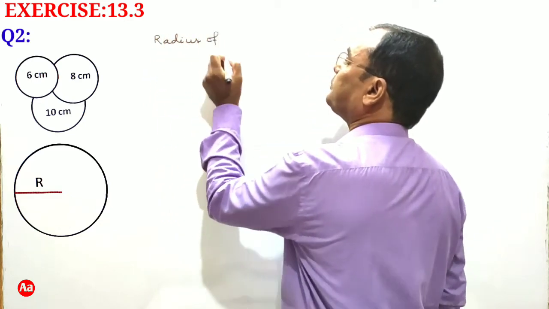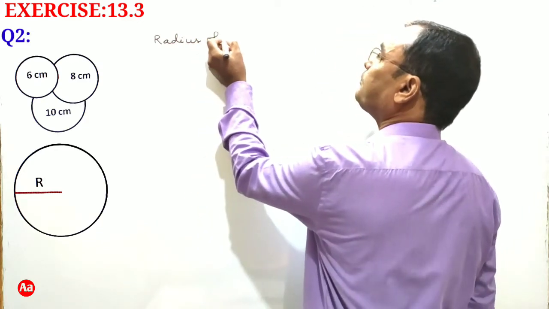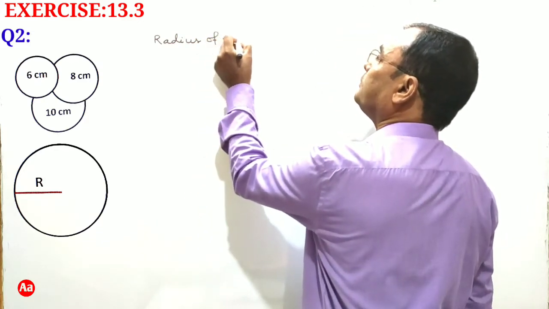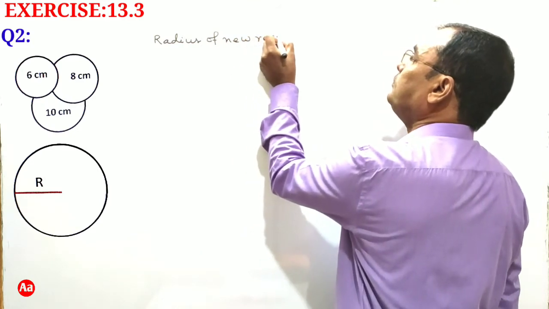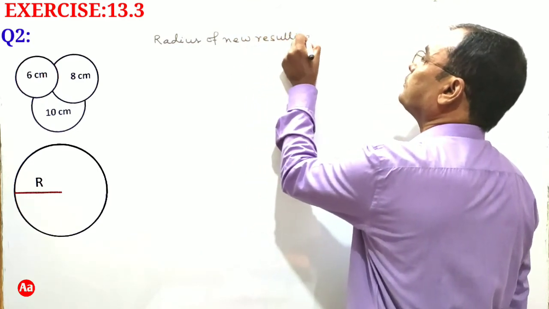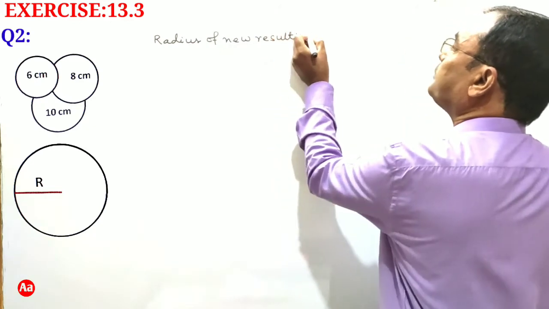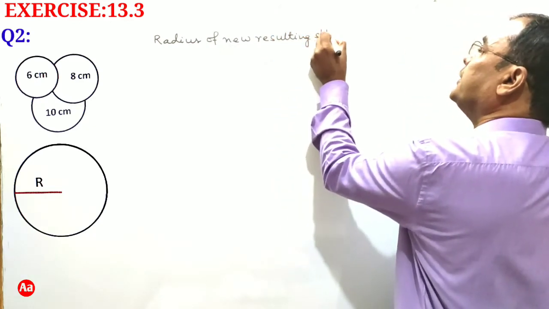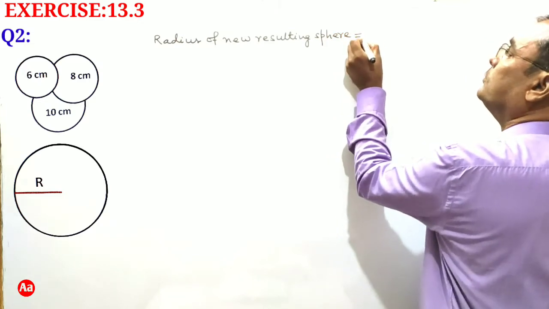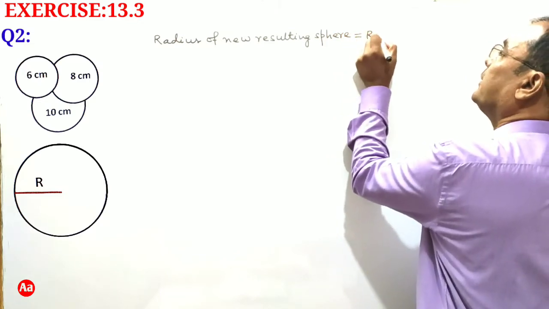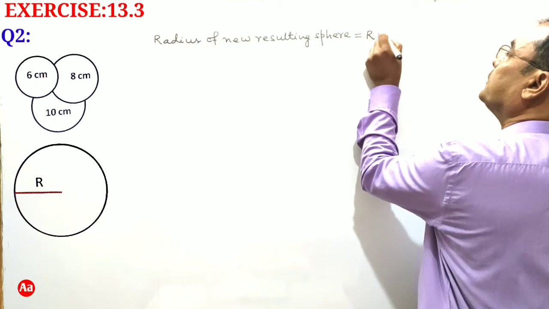Radius of new resulting sphere equal to R, that we have to find out.